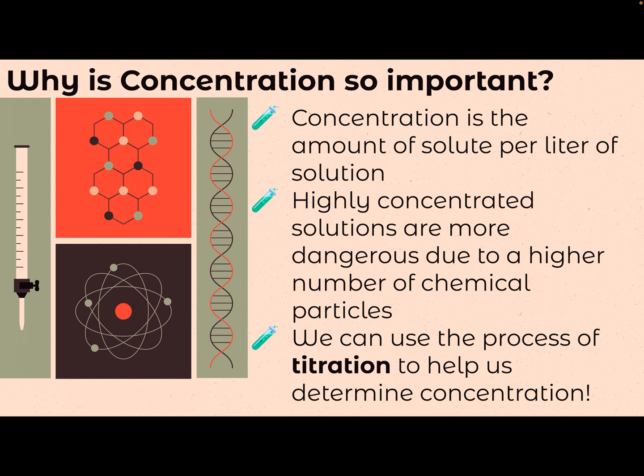You spill 16 molar acid on you, things are not looking good for you, my friend. So let's say you're given an acid or a base, but you don't know the concentration of that substance. That could potentially be super dangerous because you don't know how cautious you have to be when handling that solution, right? To solve this problem, we can use titrations to determine the unknown concentration of our solution.